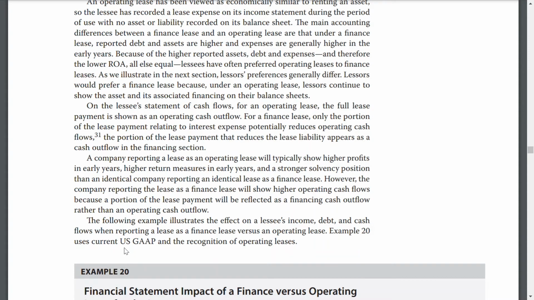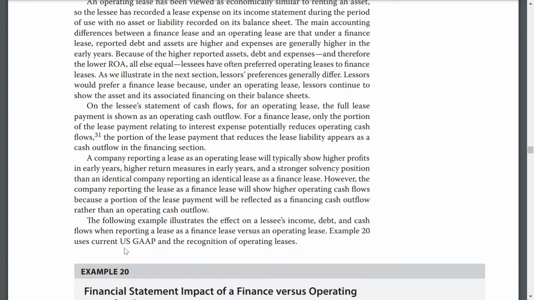As we illustrate in the next section, lessors' preferences generally differ. Lessors would prefer a finance lease because under an operating lease, lessors continue to show the asset and its associated financing on their balance sheets. On the lessee's statement of cash flows for an operating lease, the full lease payment is shown as an operating cash flow.